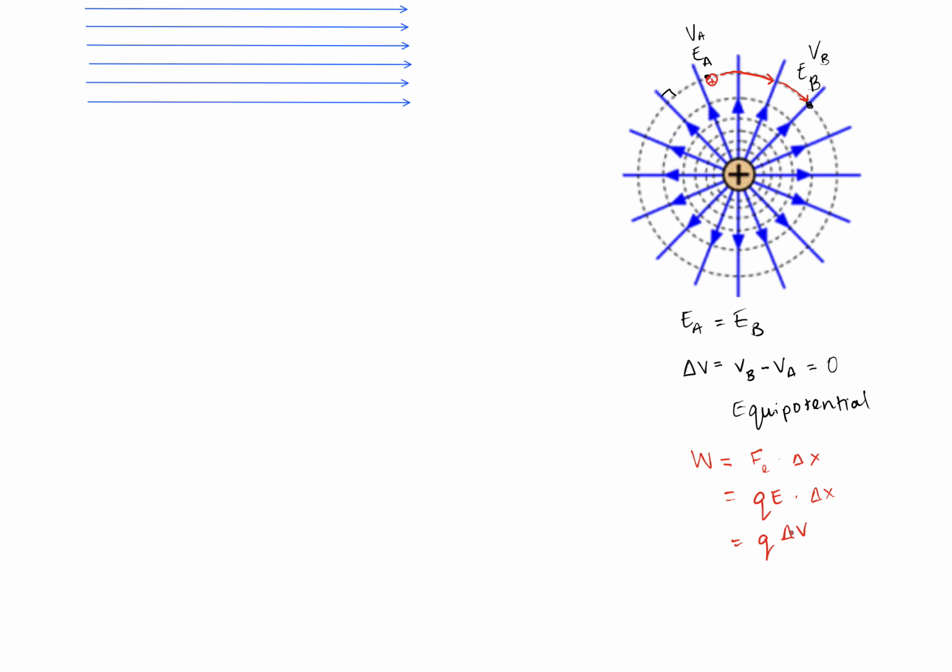Well, we can see if there's no difference in potential, then there is no work done by the field to move it from A to B. And so that's a very important concept to get used to so that you can understand why there's no work done, and that's because there's no potential difference.